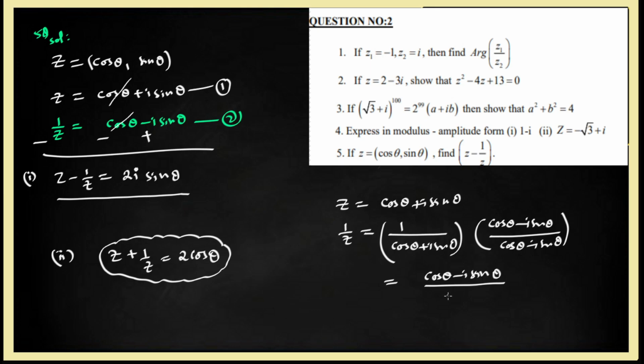In complex numbers, a plus ib into a minus ib is always a square plus b square, that is cos square theta plus sin square theta, and cos square plus sin square is 1. Therefore, 1 by z becomes cos theta minus i sin theta. Okay, then z minus 1 by z is 2i sin theta, and z plus 1 by z is 2 cos theta.